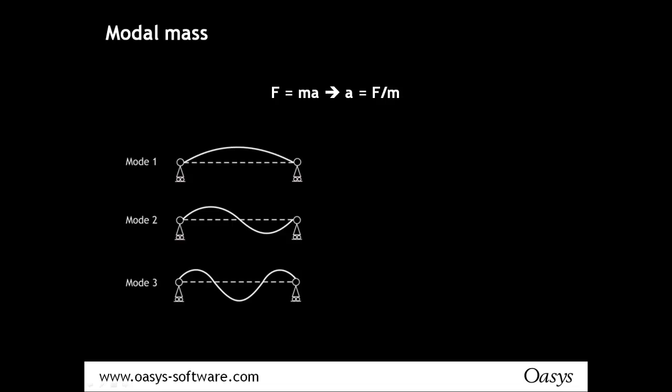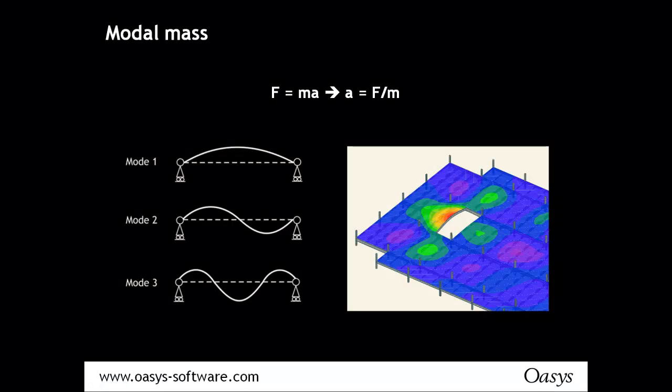Now that's simple beams, but again, just remember when you're dealing with a floor plate, the modal mass is a lot more complex. For a single bay isolated, the modal mass is about a quarter of the self weight of that bay, but you can see when you get to vibration mode, that mode is sort of tying into adjacent bays.